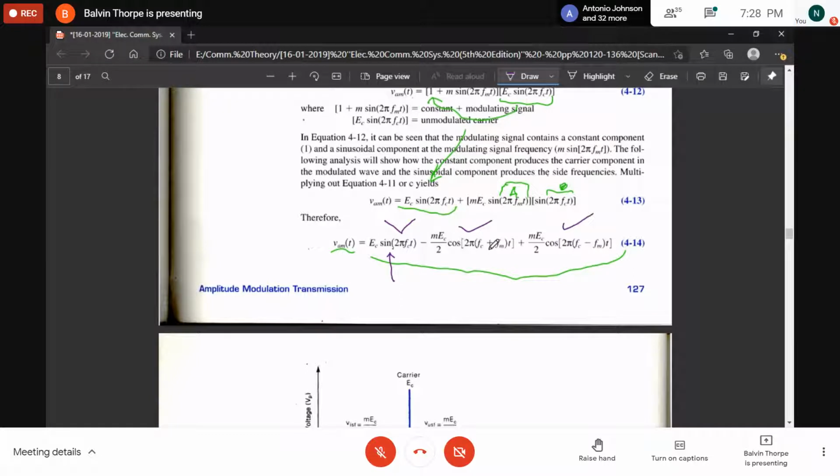Because if in one instance it is FC plus FM, then it means that the frequency for this part is going to be above the frequency for the carrier, while the frequency for this is going to be below the carrier, because they're shifting the frequency from the carrier.